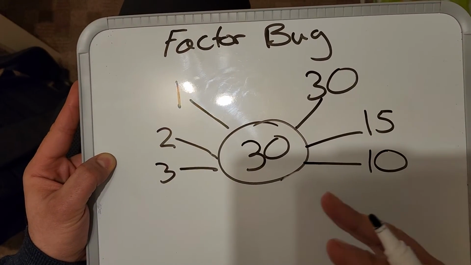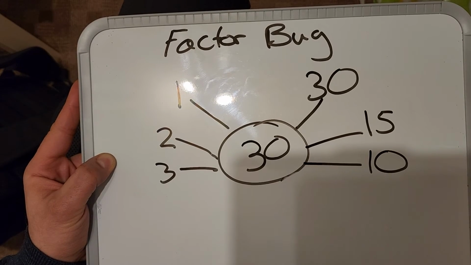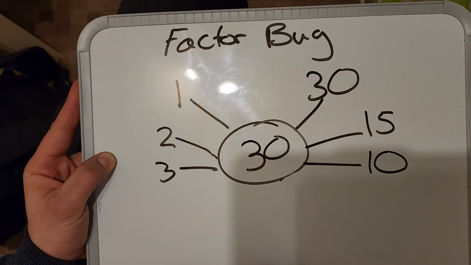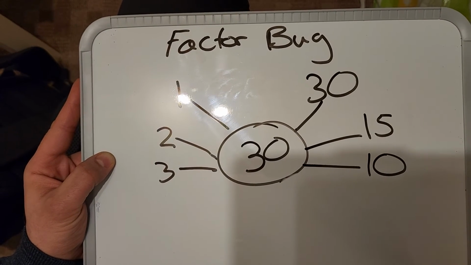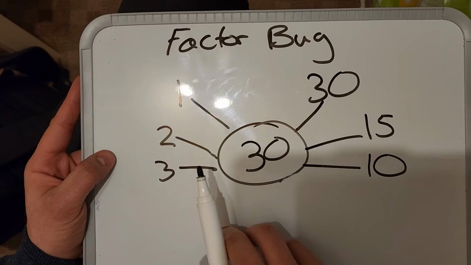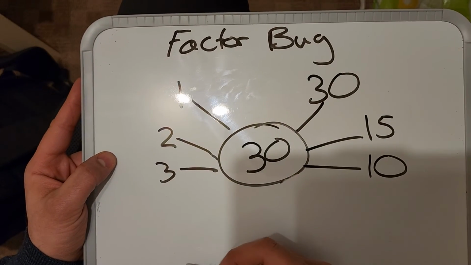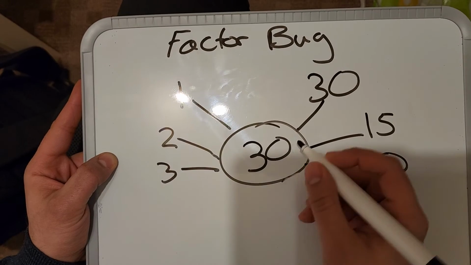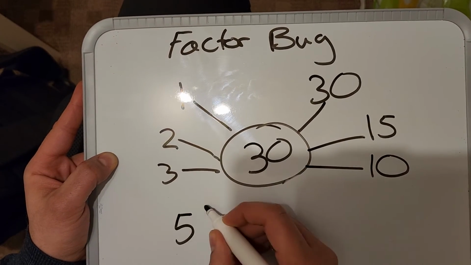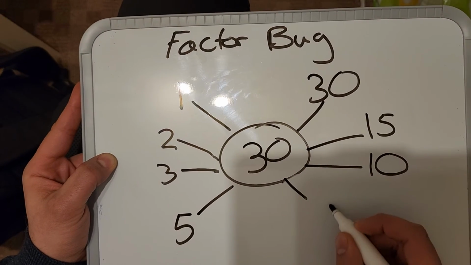And I'm going to keep going like this until I've found all the factors of 30. The next question I have is, is 30 divisible by 4? Well, 30 is divisible by 4, but it doesn't give us a whole number, so it's not a factor. So we move up to the next number, which is 5. Is 5 a factor of 30? Well, it ends in a 0, so we know that it will be a factor of 30.